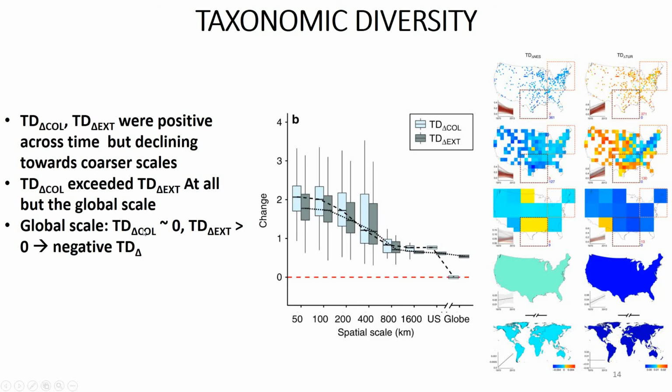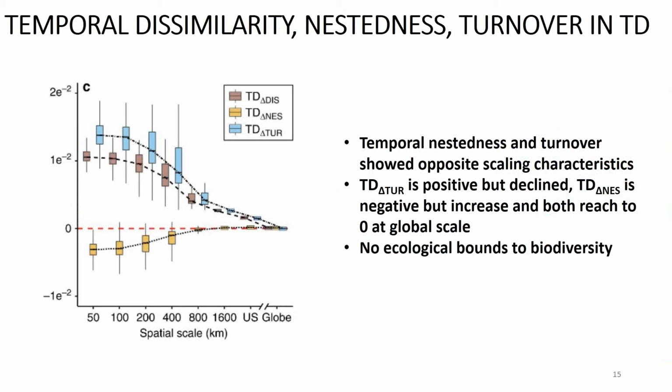At the global scale, the taxonomic colonization is almost zero, but the taxonomic extinction is higher than zero, resulting in a decline in species, or a negative taxonomic diversity change.